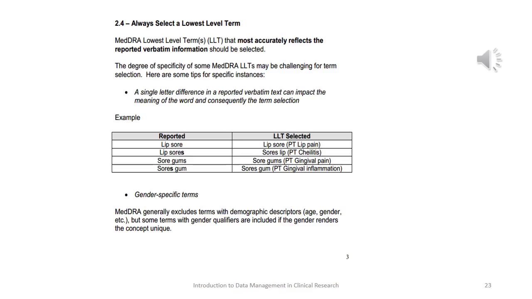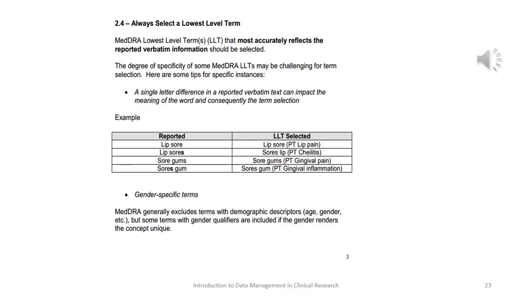If we look at our example, we have a reported medical condition of lip sore. In the second column of our table, the lowest level term selected is lip sore, and our preferred term is lip pain. The one below that says lip sores, implying there's more than one.